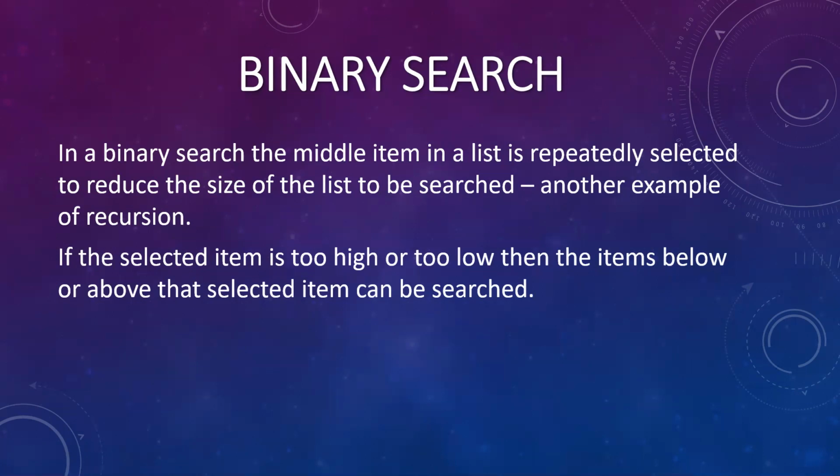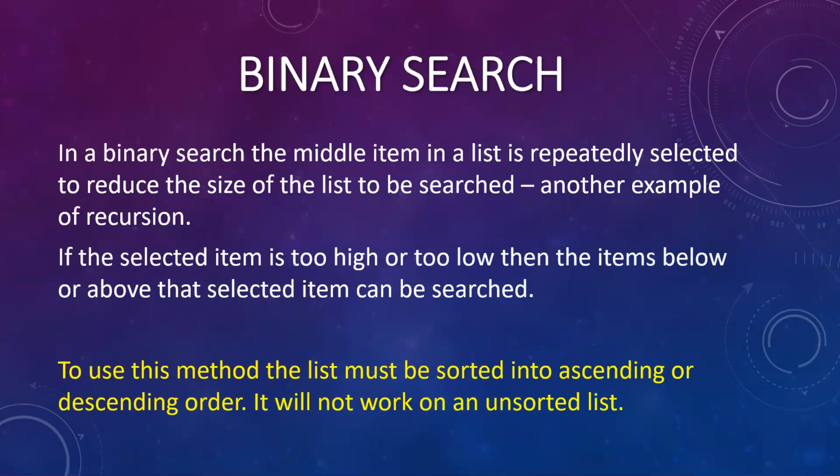But the more important thing is that if we want to apply this method, the list must be sorted, in ascending or descending order. It will not work on an unsorted list. But if we apply the linear search, then it will work on an unsorted list.